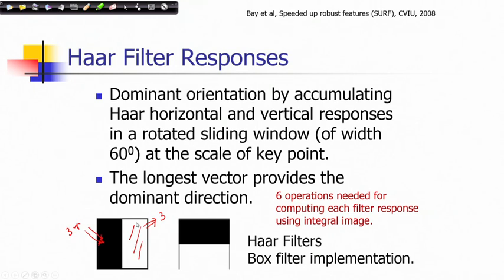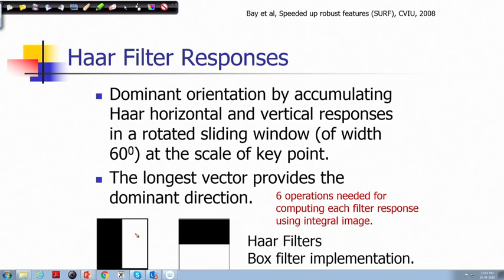You take the summation of this value, suppose over region A, and then the summation over region B, and then you have to perform a subtraction. This is how you can compute this particular operation. So, instead of 6, which is for this 3 plus 3, it will require another additional operation.